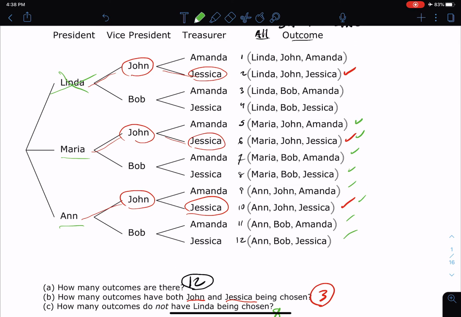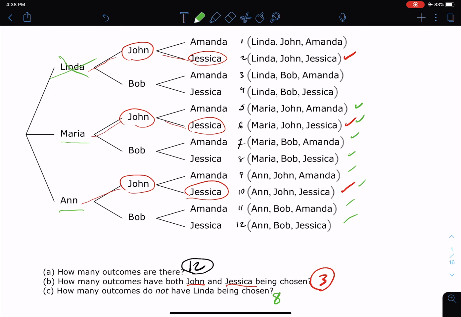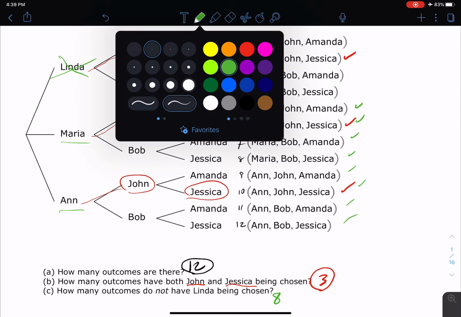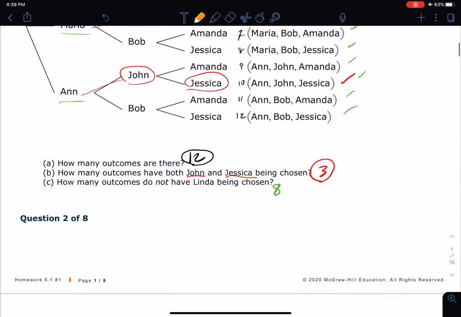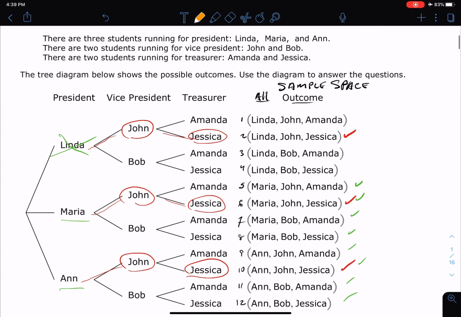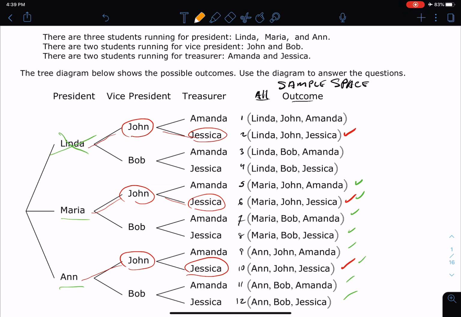Now there's another way of doing this, and this is really useful when your sample space is super large, and it's easier to count the opposite of what you're looking for, and it's called the complement. But let's look at that. So if someone said, how many occurrences do not have Linda being chosen? What you could do is, if it's easier to choose how many have Linda, then count those.